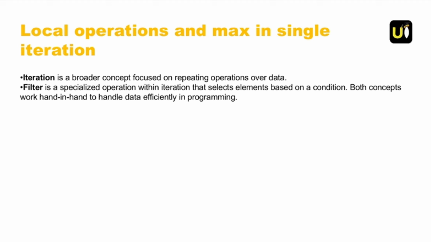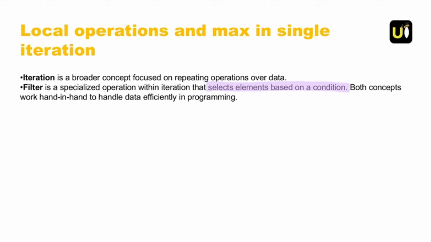So the next topic is local operation and max in single iteration. So iteration is a broader concept focusing on repeating operations over data, and filter is a specialized operation within iteration that selects elements based on a condition. So what does filter do? It selects elements based on a condition. So there's a condition and it's gonna pick out the elements for this condition.